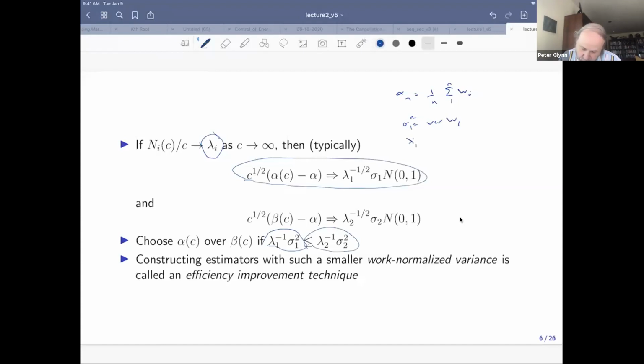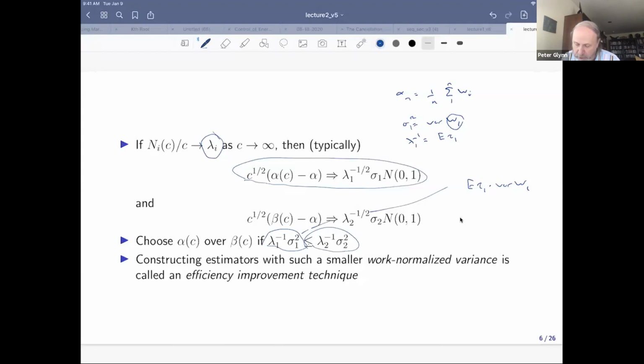And lambda 1 inverse, that would just be the expected amount of computer time tau 1 required to generate the random variable W1. So this figure of merit in this context would be the product of the expected time to generate a W random variable multiplied by the variance of a W random variable.